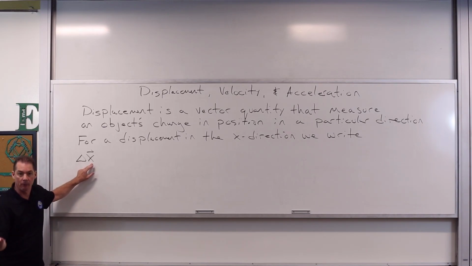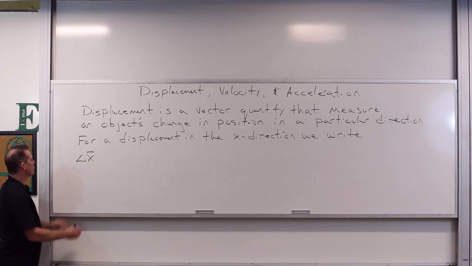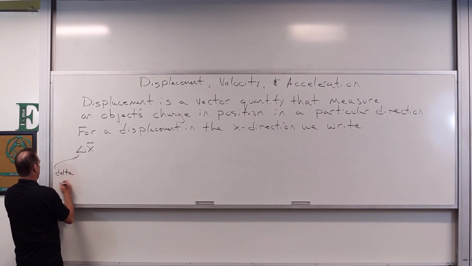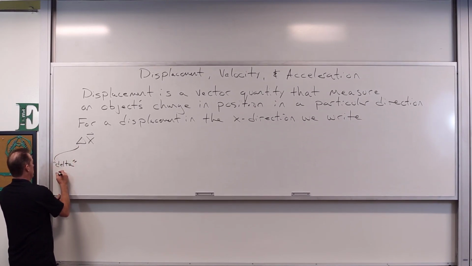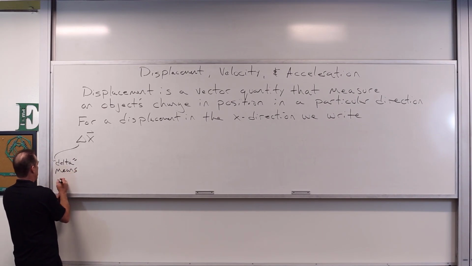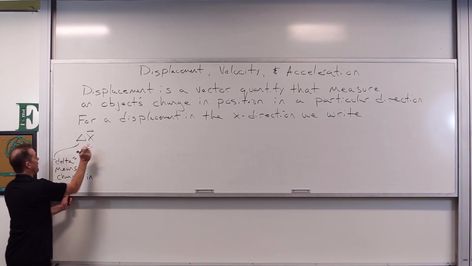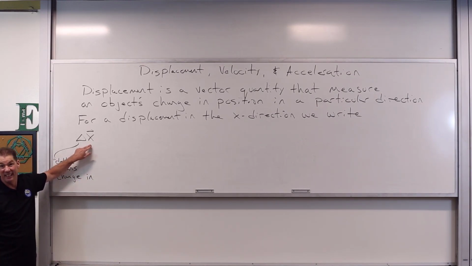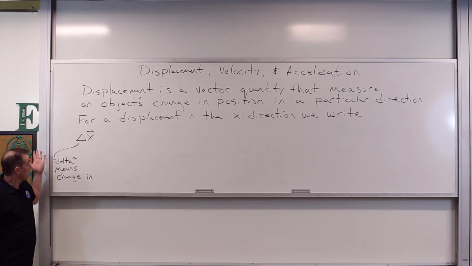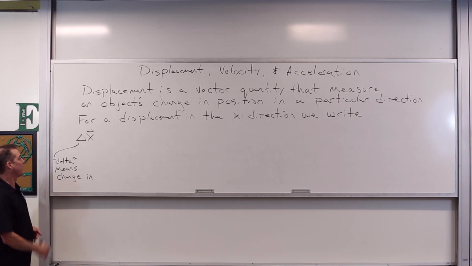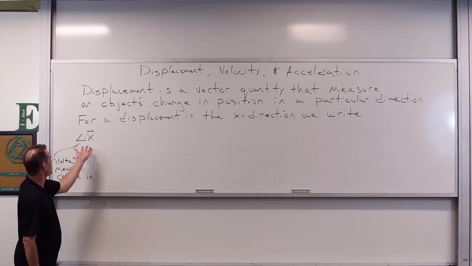The x says, hey, you're working in the x direction. Delta means change in. So we've got change in x position is what this ultimately gives us. So notice there is a little vector hat here because we want to make sure that we're talking about a vector quantity. And how do we discuss this?